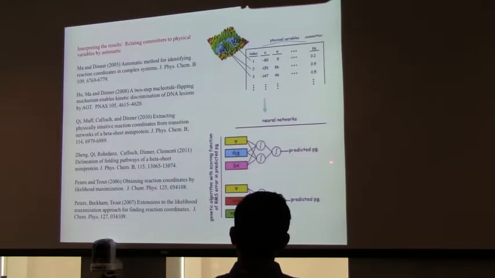Something that we did some years ago was use machine learning methods to try and correlate those splitting probabilities with physical variables. Some other people like Cecilia Clementi at Rice have done some really nice work where they've used what are basically more sophisticated versions of principal component analysis to analyze the path.